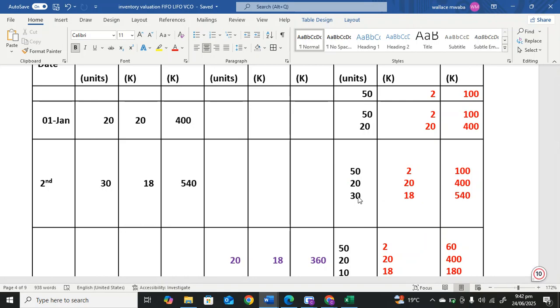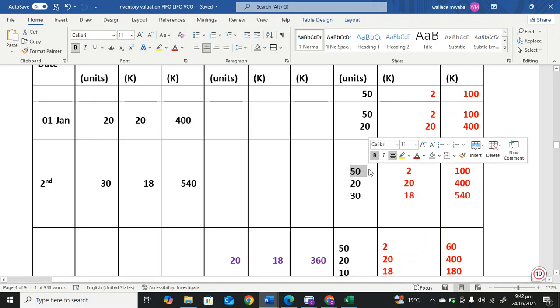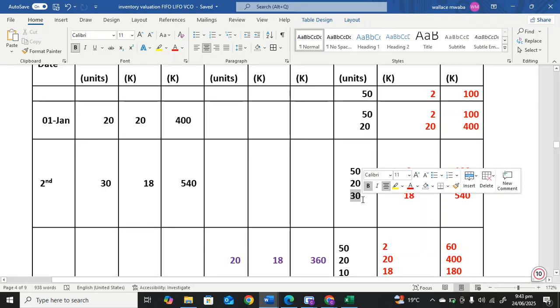In Fifo, remember we removed from the batch on top, the 50 units, because they were there first. But with Lifo, we're removing from the batch of 30 units because they came in last. Last in, first out. Is that okay, sir?